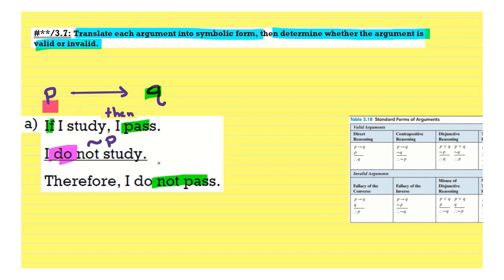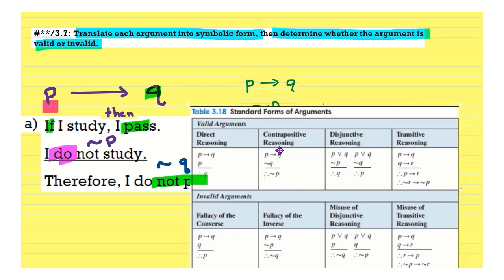So this is going to be not Q. So I've got if P, then Q, then not P on the second line, and the final line is going to be not Q. So we can wrap that up and express it like this. It's if P, then Q, then not P, therefore not Q.